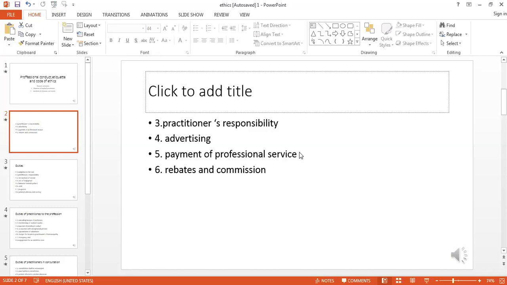It shall be unethical to enter into a contract of no cure no payment. So गरीब बेचारा पैसा नहीं दे रहा है तो आप उसको ट्रीट नहीं करोगे. This should not be your attitude.